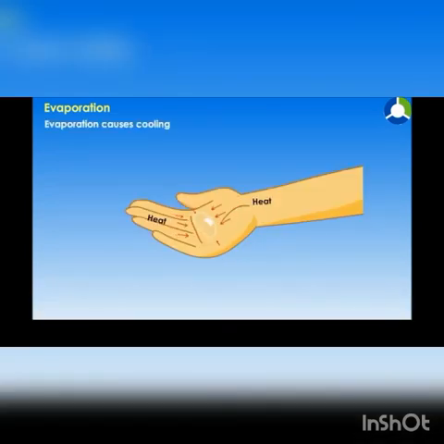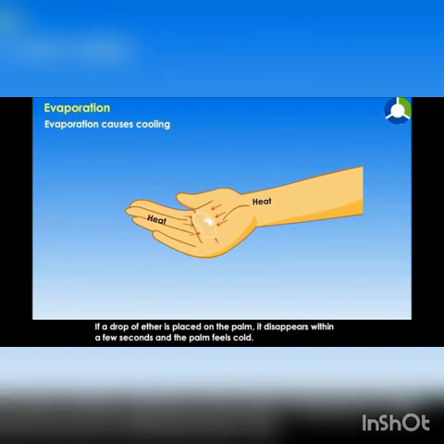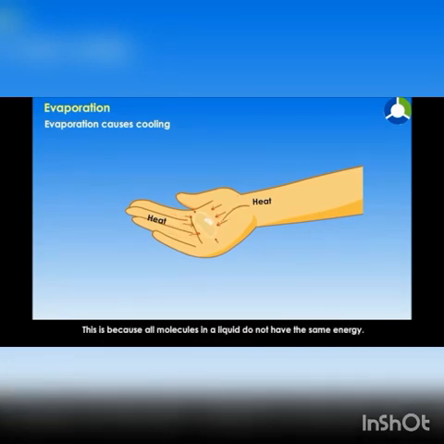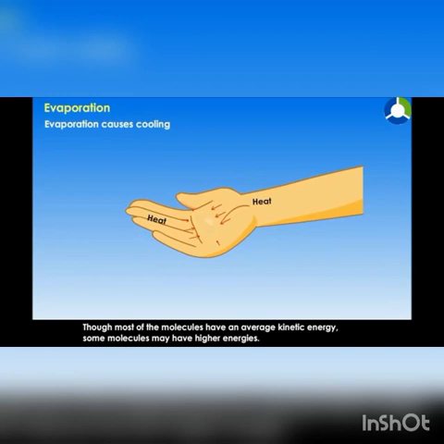Evaporation causes cooling. If a drop of ether is placed on the palm, it disappears within a few seconds and the palm feels cold. This is because all molecules in a liquid do not have the same energy. Though most of the molecules have an average kinetic energy, some molecules may have higher energies.